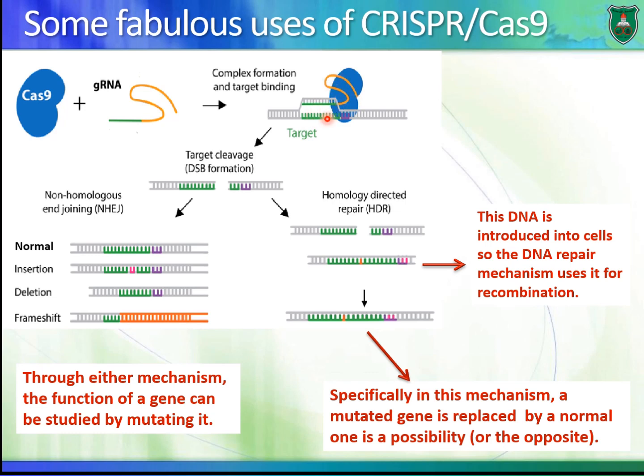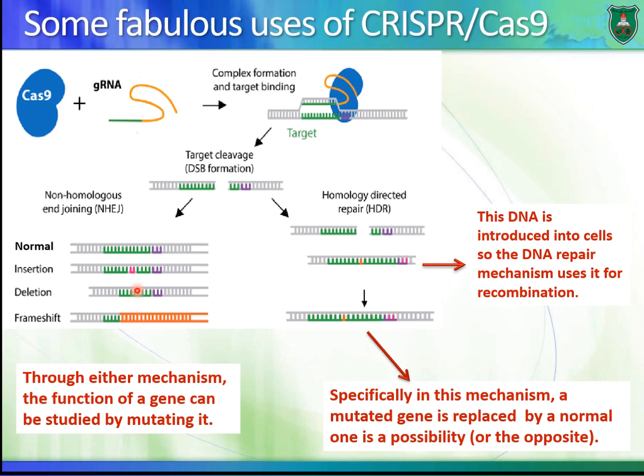You have a cut that is introduced, double strand breaks, and these can be repaired again using the non-homologous end joining or the homology repair system. Now, if you have the non-homologous end joining activated and repairing the DNA, you can have mutations created. So you can have an insertion, you can have deletion of part of the DNA, or you can have frame shift mutation as well. And we talked about these mutations before, earlier.